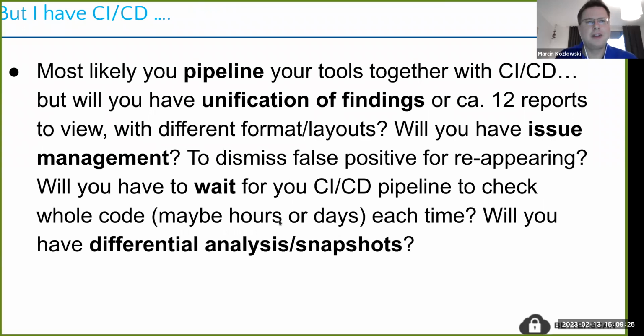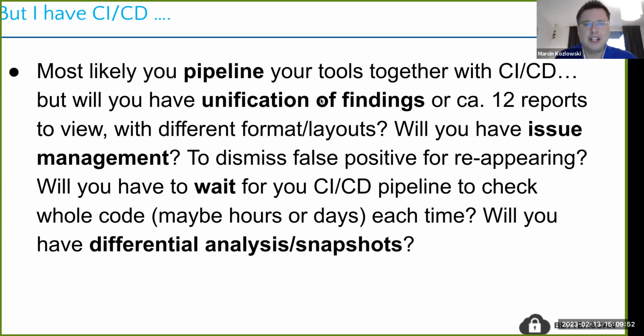Then you think, okay, but I have CI/CD, continuous integration, continuous delivery. Most likely you have a pipeline. Most likely you wrote your pipeline. You put the tools together, and yes, you have many tools. But will you have unification of findings, or will you have a dozen reports, 8 or 12 reports with different formats and different layouts?